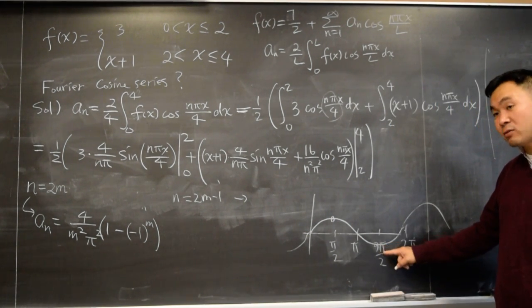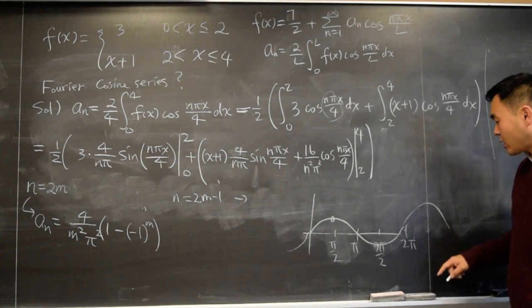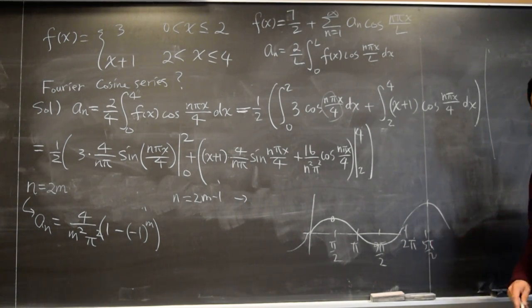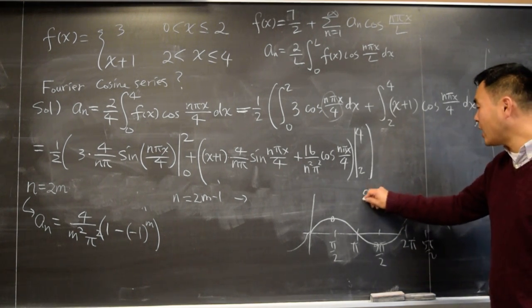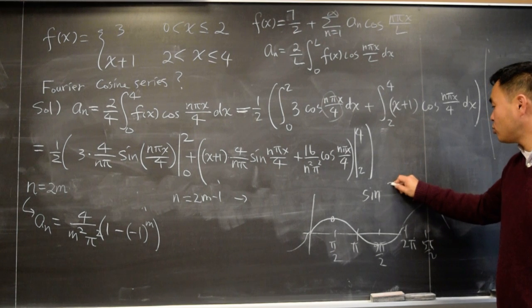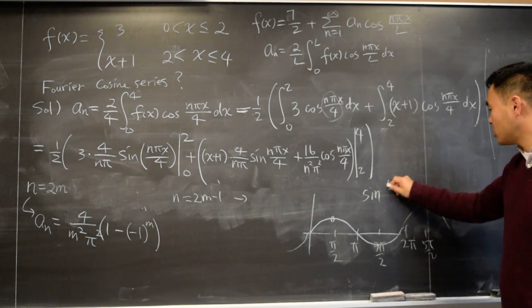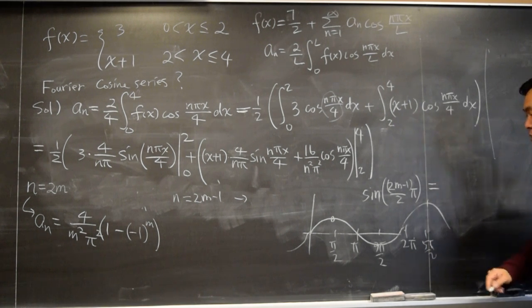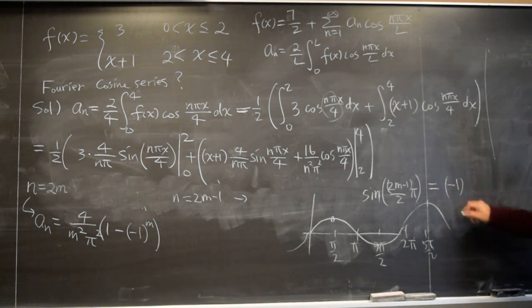What's sine of 3 pi over 2? Negative 1. Sine of 5 pi over 2? Positive 1 again, right? So if you have sine of (2m minus 1) over 2 pi, what is this equal to? Negative 1 to what power?